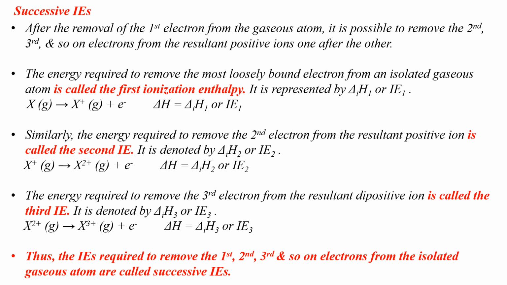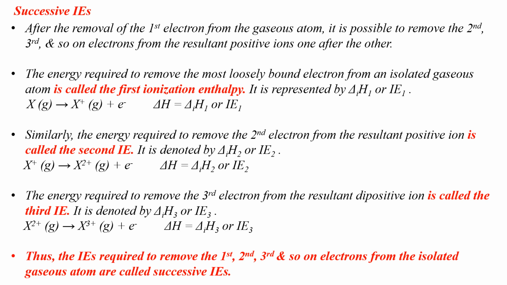Similarly, the energy required to remove the second electron from the resultant positive ion is called its second ionization enthalpy. This is denoted by delta IH2 or IE2. Clear? Delta IH2 or IE2 represents the second ionization enthalpy. Now look at the process.